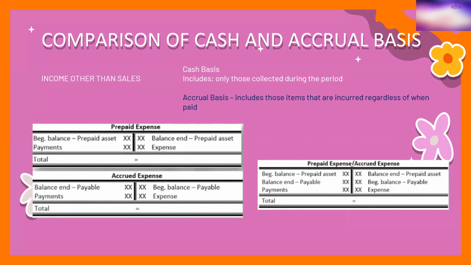Kaya nga, when we combine the two, pansinin lang class that the beginning balance of prepaid is in the debit side. And the ending balance naman, ito kasi yung pinaka-squeeze, that's why we are just putting it here. And then the beginning balance of payable, ito makita mo na sa credit side. So we have to combine these two kasi para at least we would know yung payments and the expense side.